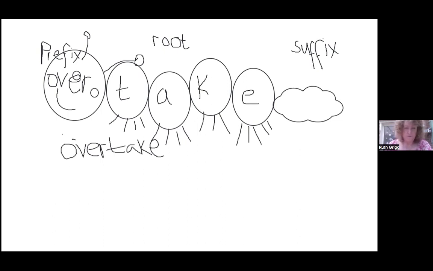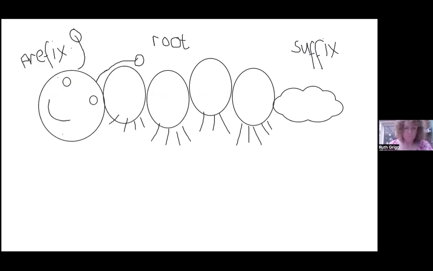Okay. So let's clean the board and do another one. So the next word we're going to do, which is not on the sheet, but it's an easy one. I want to show you anyway. It's undo. So I'm writing un here and do here. Do is the root word. To do is to take an action, isn't it?